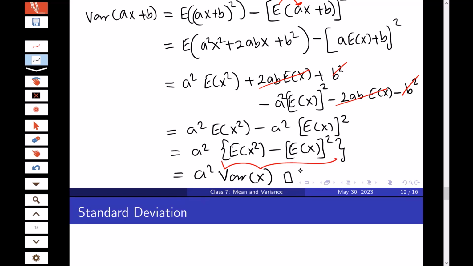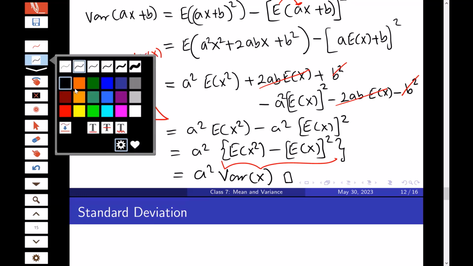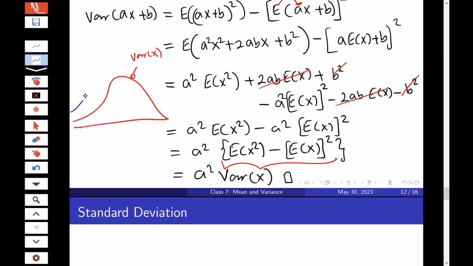Okay, so this means if you have the distribution like this, and this has a variance of x, and if you move this one up or down, the variance is not going to change. Still, this has the variance of x. That's the meaning of this b.